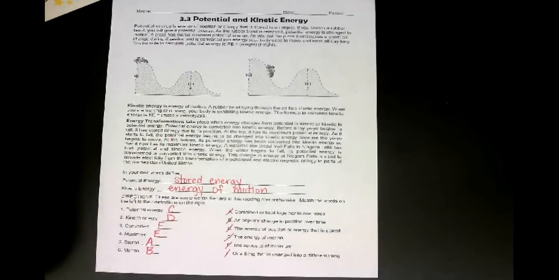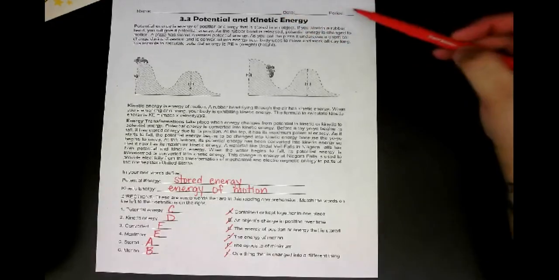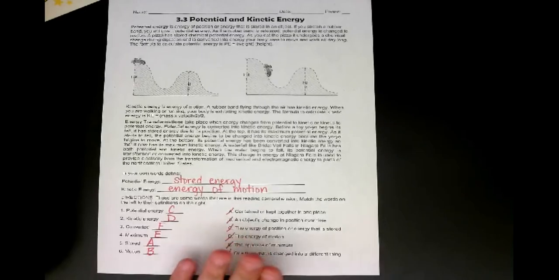If there is not time to do this, that is okay. At the end of class, this paper needs to be turned in. At least the front needs to be completely done. That is not that much. Double check that your name and class period are on this paper, and one person from your table needs to go turn it into the box. So at the end of class, make sure this gets turned in.